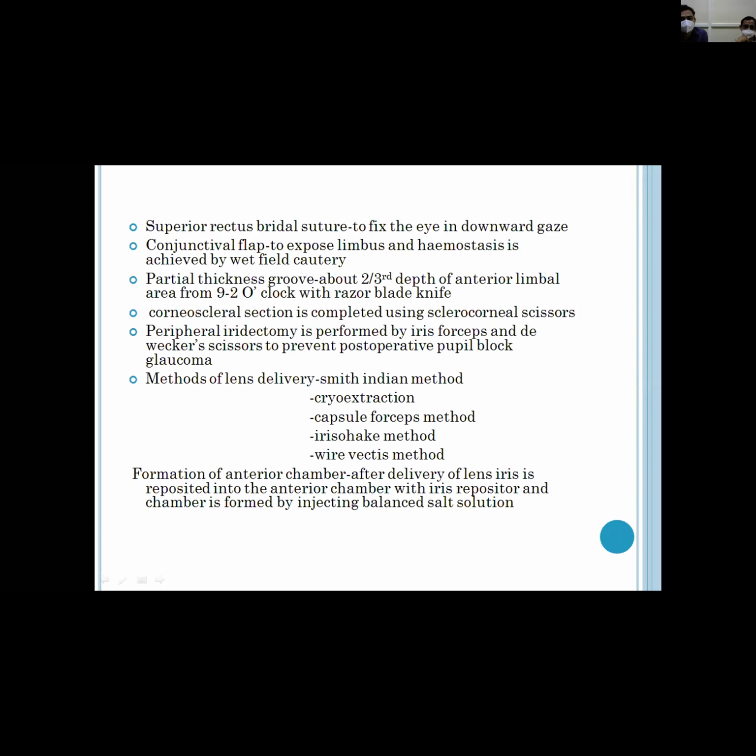And cryo extraction method. In this method, cryoprobe is applied on the anterior surface of the lens and freezing is done to create adhesion between lens and the probe. The zonules are ruptured gently with rotatory movements, and the lens is then extracted.